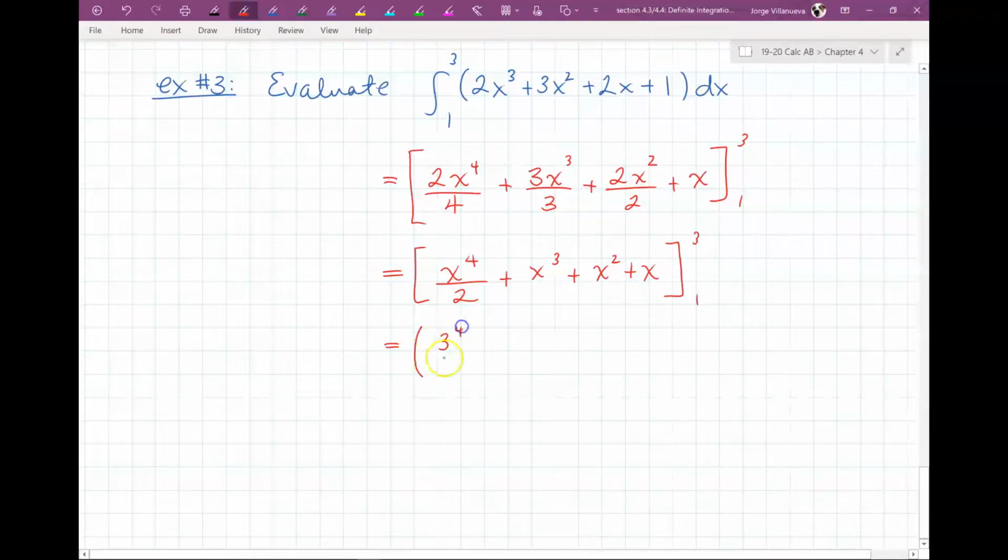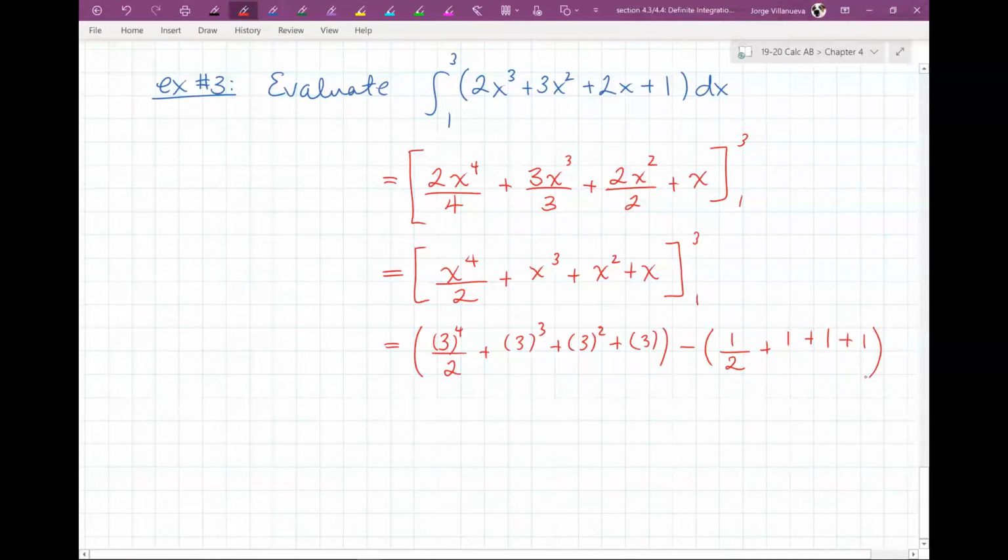So it'll be 3 to the fourth over 2 plus 3 to the third plus 3 squared plus 3 minus 1 half plus 1 plus 1 plus 1.